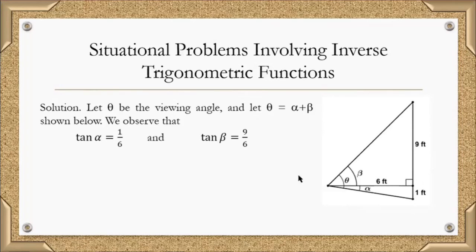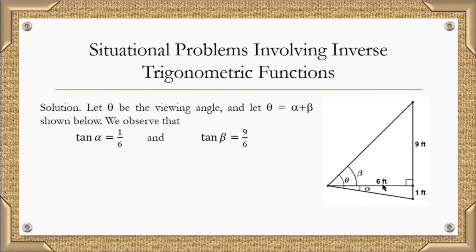Then makikita natin dito, pag kinuha natin ang tangent alpha, yun nasa ilalim. Kasi i-add mo yung alpha and angle beta eh. Eh di ba ang tangent ay opposite over adjacent. So meron tayong opposite 1 and adjacent natin ay 6 foot. So ang tangent alpha ay 1 over 6.